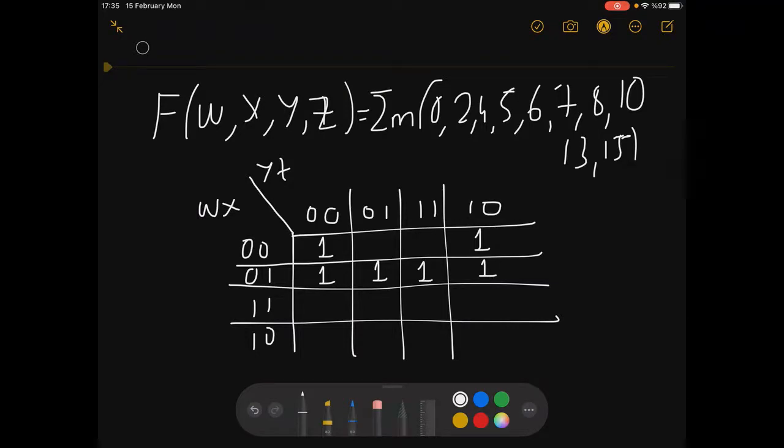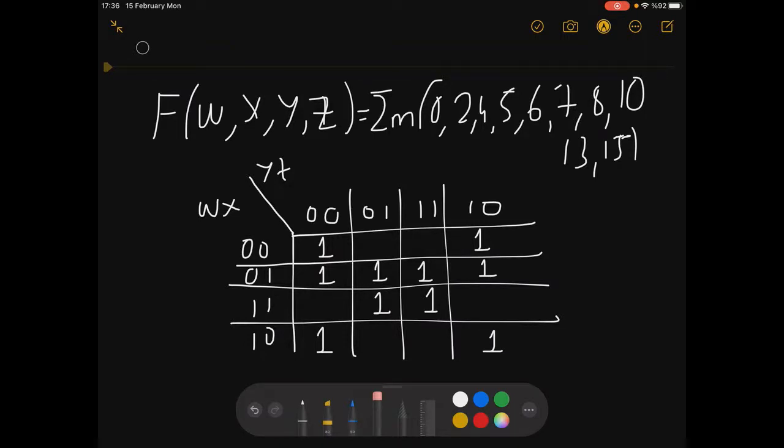Be careful, 8 is here. 8, 9, 10, 11, 12, 13, 14, 15. You see? This is how you place them in their correct locations.